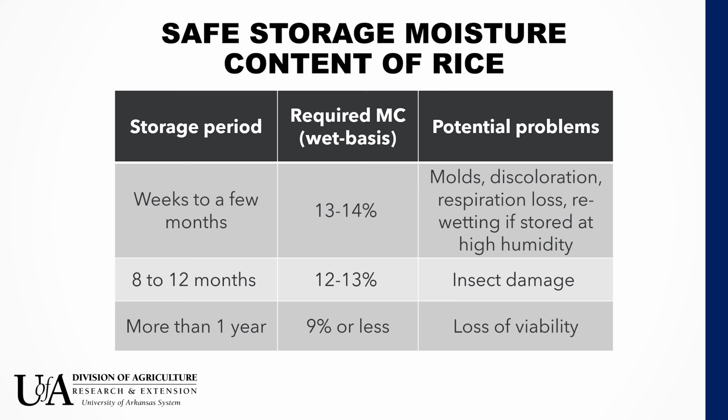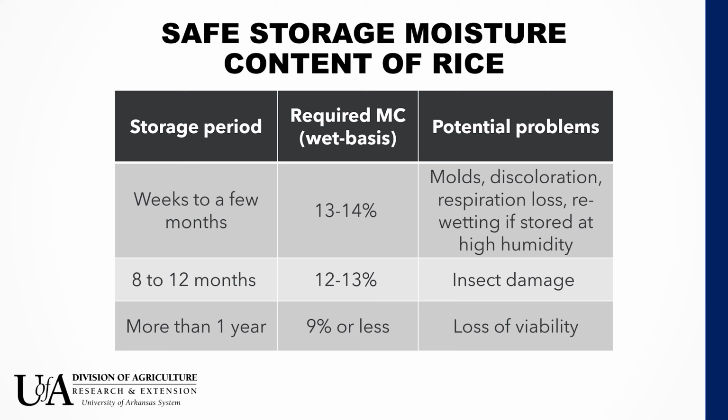Now, during that time, because of the high moisture content, there are potential problems that we are likely to run into. For example, we are likely to have mold, discoloration, respiration loss, and also rewetting may occur. And therefore, we recommend that at these conditions, we install some aeration fans that can help remove some field heat and also remove any possibility of mold growing within our rice.